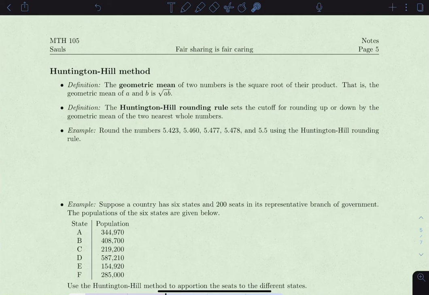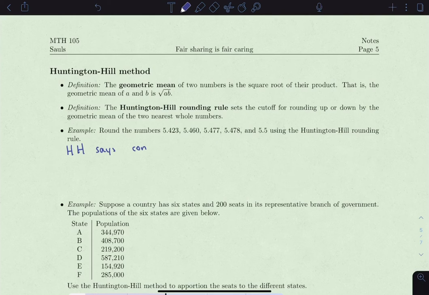So let's do an example where we round numbers that are all between 5 and 6. The rounding rule says to find the two nearest whole numbers, which are 5 and 6, and calculate their geometric mean. Let's call it Huntington-Hill, HH.